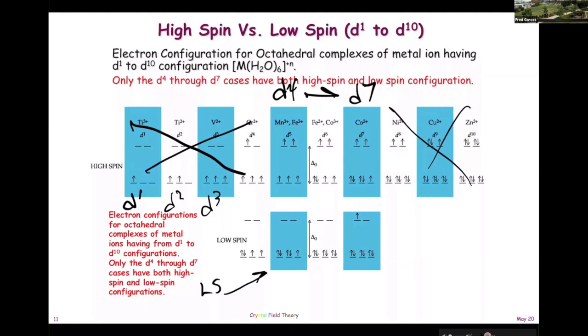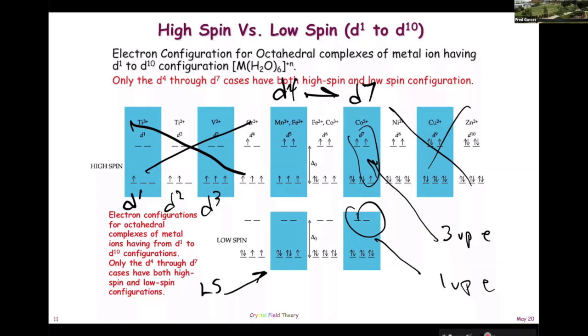And notice that whereas this high spin has 3 unpaired electrons, this low spin has 1 unpaired electron. So that's where we have this concept called magnetism. When there are unpaired electrons, you guys hopefully remember, paramagnetic.